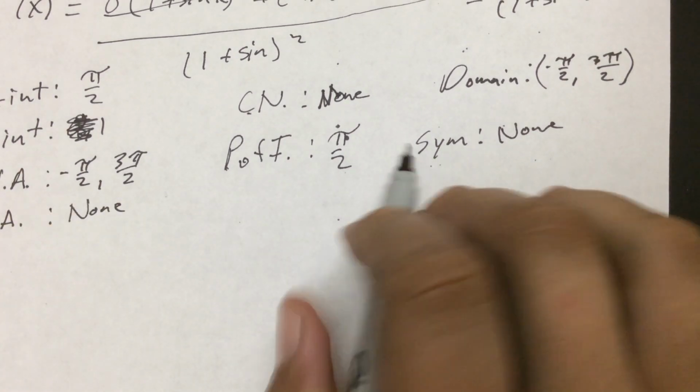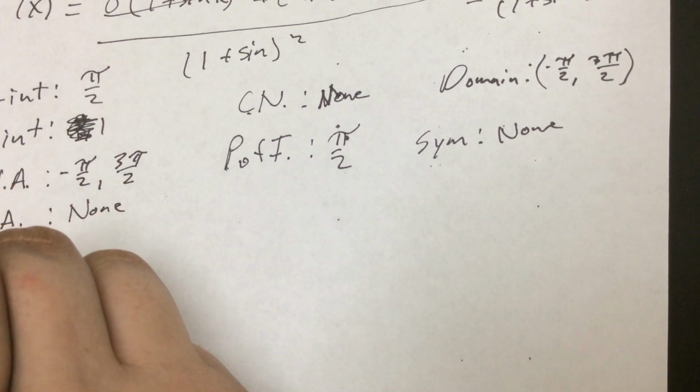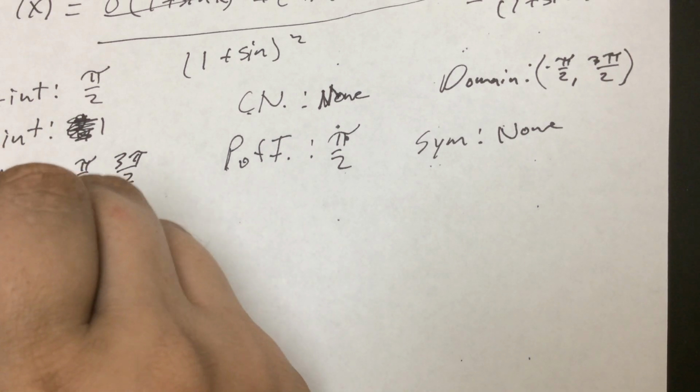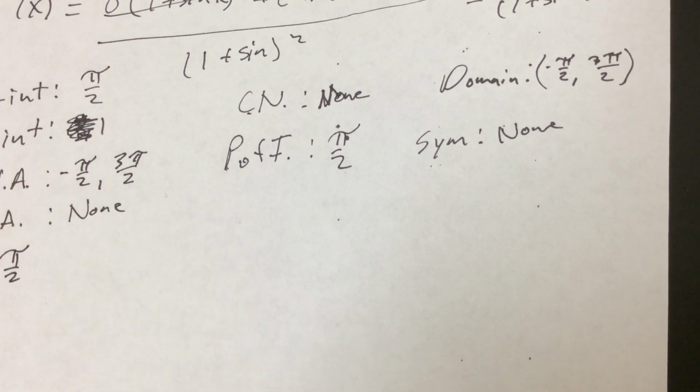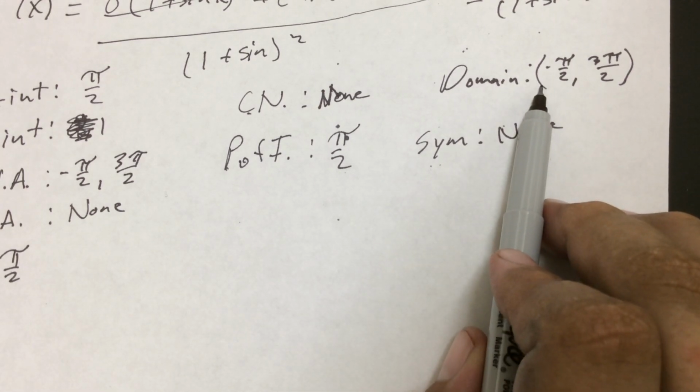So when I break this up, first I'm going to see, okay, we have to include our vertical asymptotes. So negative pi over 2, however, it's not part of our domain, so we're not going to have anything past that.